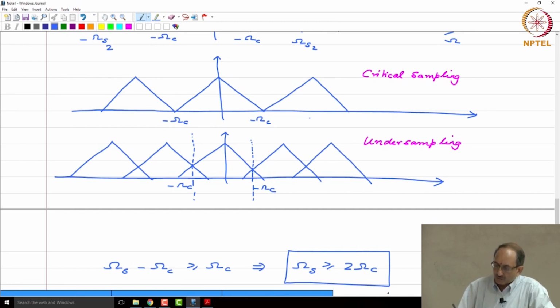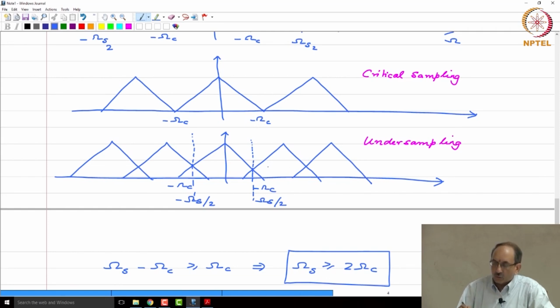And hence, if omega s were the sampling interval, all you need to do is consider the information between minus omega s by 2 to plus omega s by 2, that is all, and that is this dashed line.